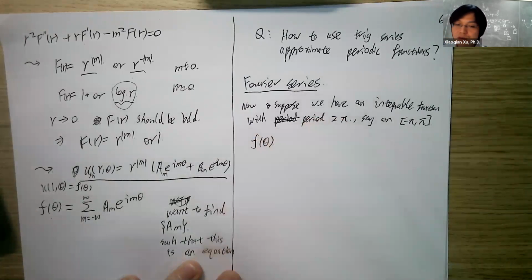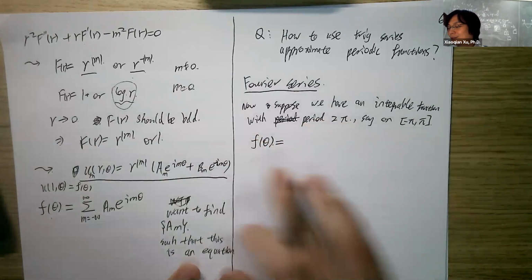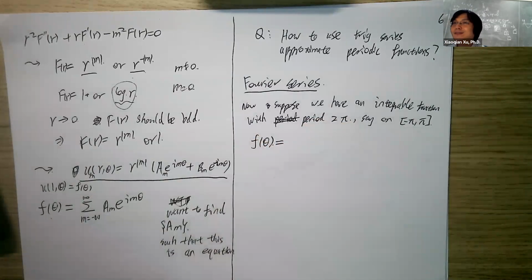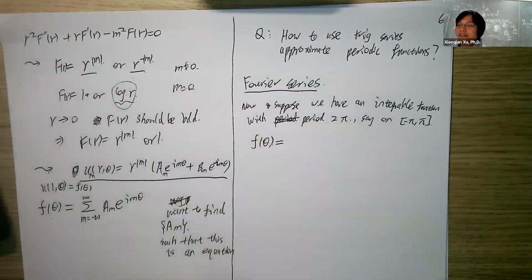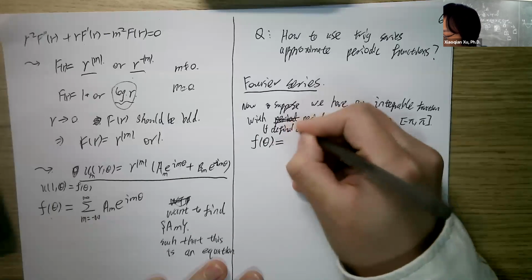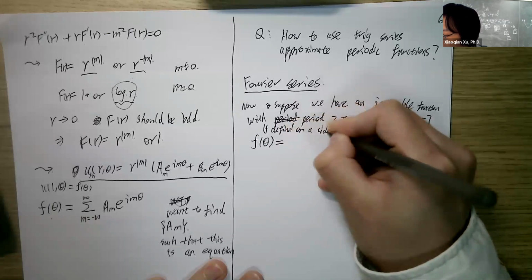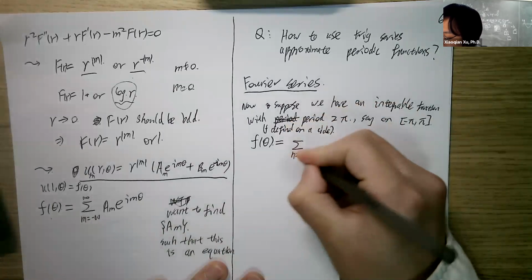Then you want f of theta, because f depends on some variable from minus pi to pi. So let's assume this f is defined on a circle, which means f only depends on some variable that represents the angle. Then what we want is f of theta equals to this kind of thing.